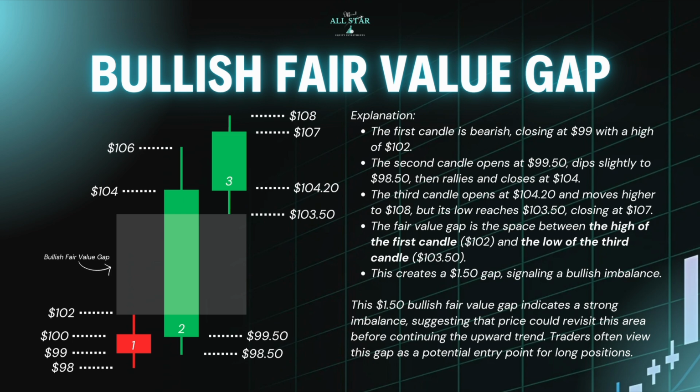The third candle opened at $104.20, with the high reaching $108, the low being $103.50, and it ultimately closed at $107. So the fair value gap is the space between the high of the first candle at $102 and the low of the third candle at $103.50. This creates a $1.50 gap, signaling a bullish imbalance.